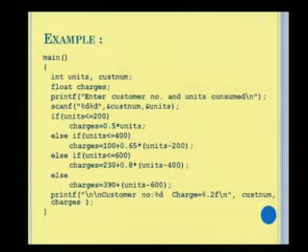Then for the next else if condition, if units is less than or equal to 600, the charges will be 230 plus 0.8 into units minus 400. If the condition is true, it will print the result, and if the condition is false, suppose you are living in a posh area and your requirement is so high that your consumption is larger than 600 units per month.